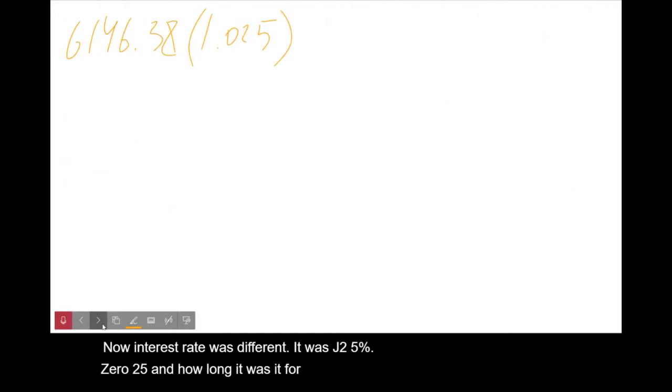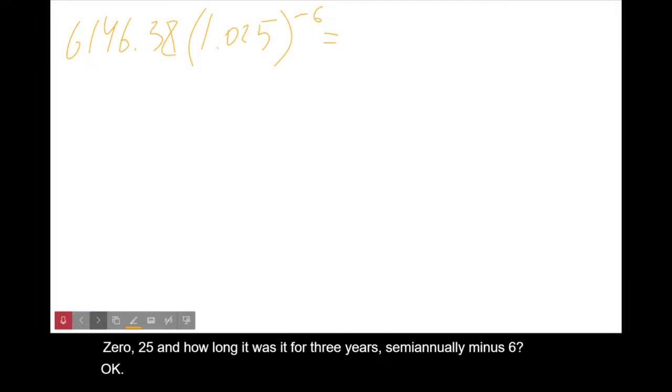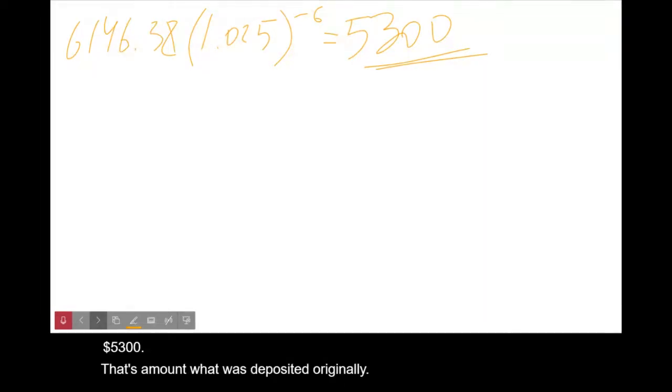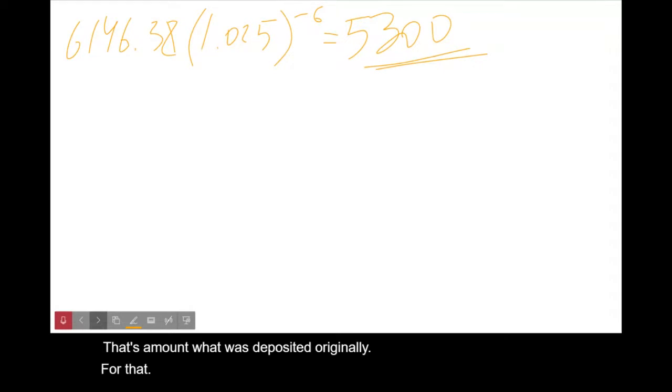For 3 years, semi-annually, negative 6, times 6,146.38. It's $5,300. That's the amount that was deposited originally for that kid.